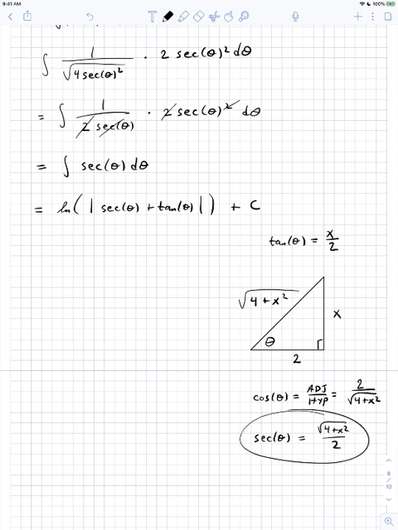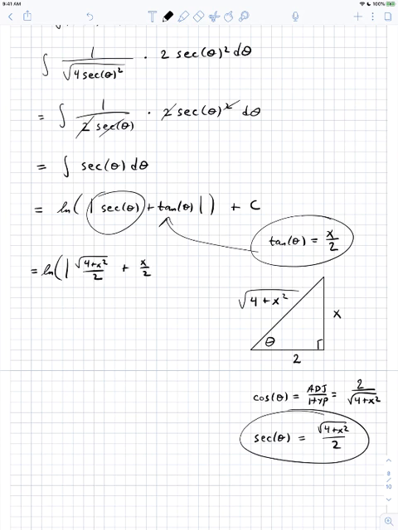And so that one goes into here, and tangent goes right there. So you're going to end up with ln of the absolute value of secant, which is the square root of 4 plus x squared over 2, plus x over 2, plus a constant. And that is your antiderivative.